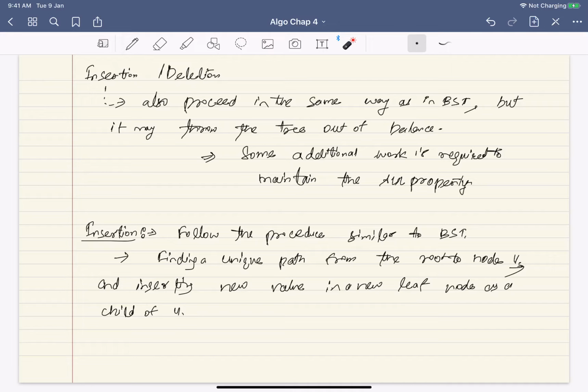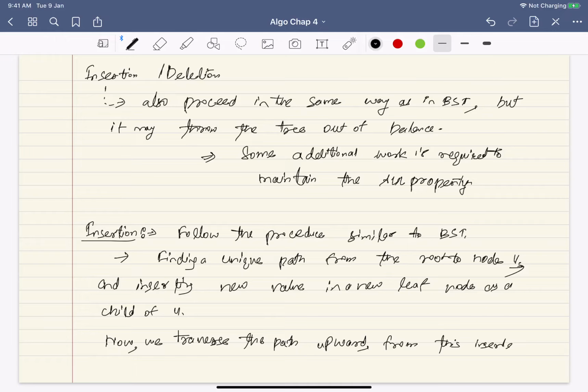Okay. So the new node is a child of U. Now we traverse the path upward from this inserted leaf node to the root, and we adjust the balance factors.